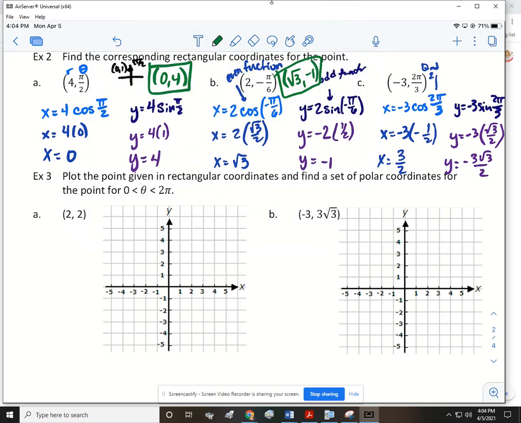So that is our ordered pair in rectangular coordinates. That is how you go from polar to rectangular. Okay, we're going to stop there for today, and then tomorrow we'll go the other way from rectangular to polar.